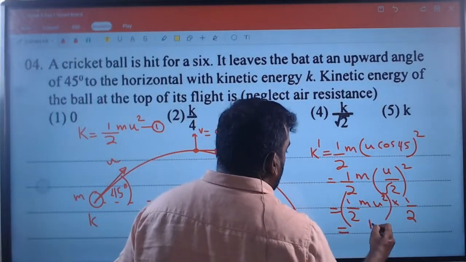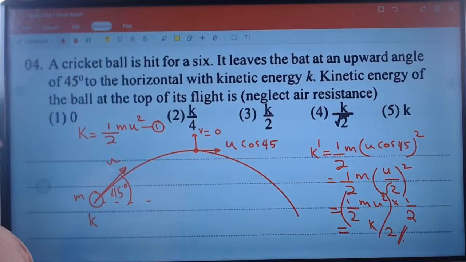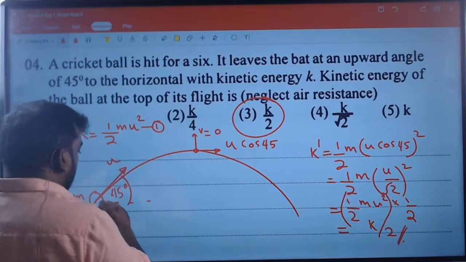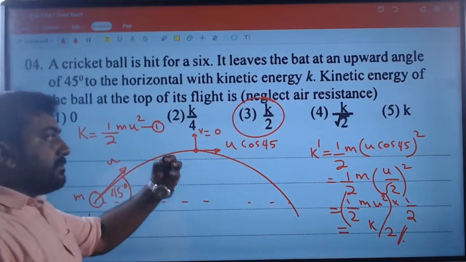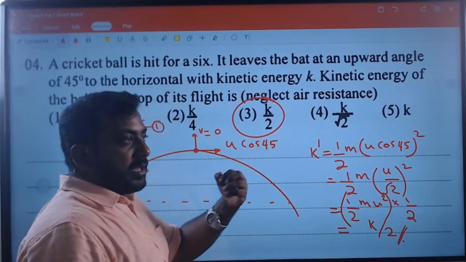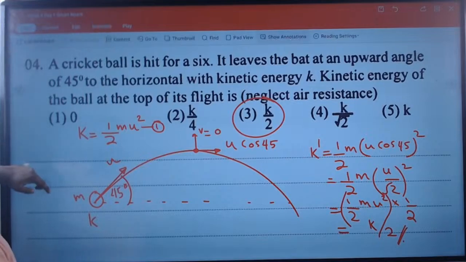Half m u square is K, so K divided by 2. So K divided by 2 is answer number 3. Okay, no? That's a pretty simple one, but anyway important. Every MCQ is important. Every MCQ is 1 mark. Every MCQ will increase your Z score. Right.